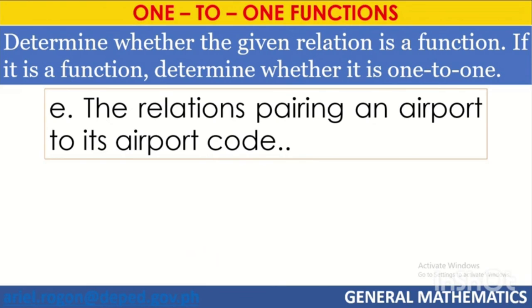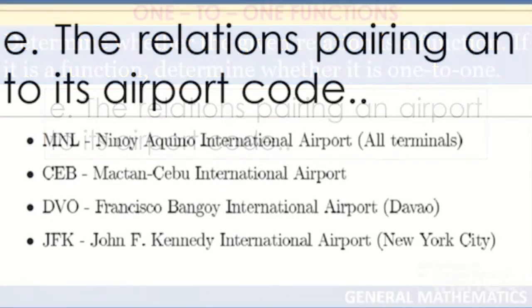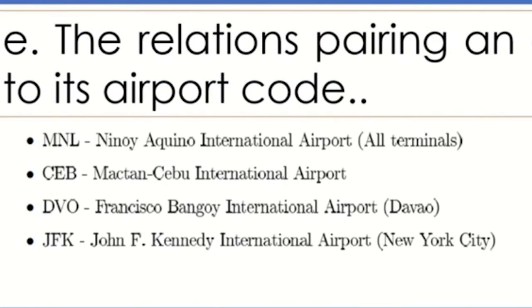Number 2 is the relation pairing an airport to its airport code. So airport code pwedeng MNL, so Manila, DVO, Davao. So this is also a function and also a one-to-one function.